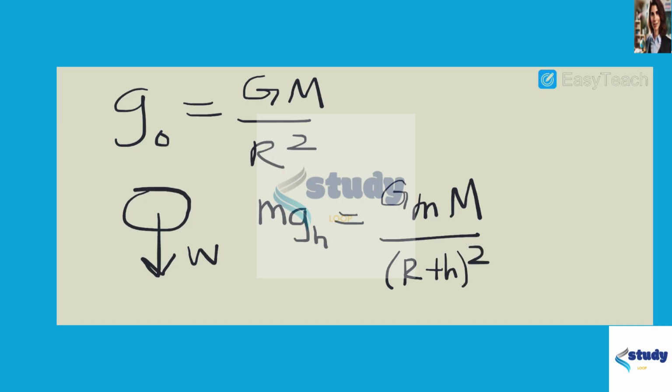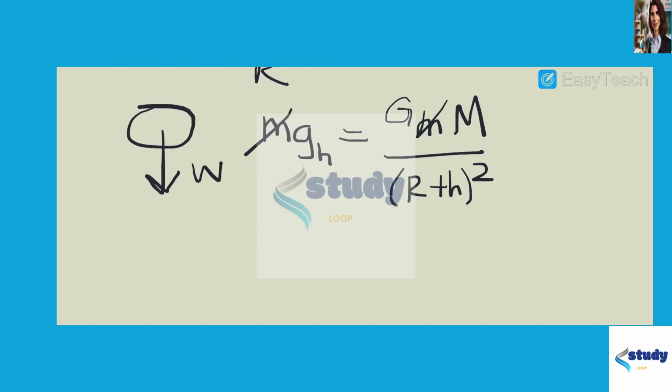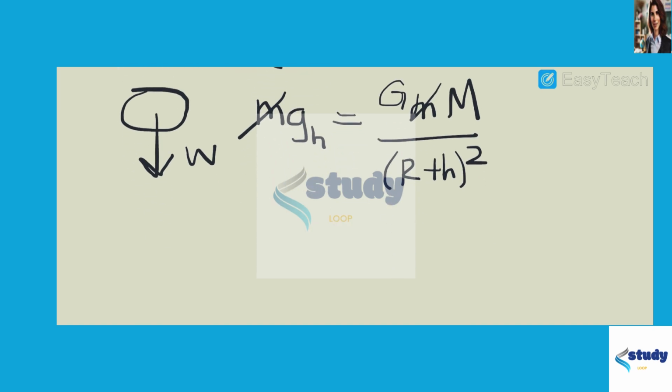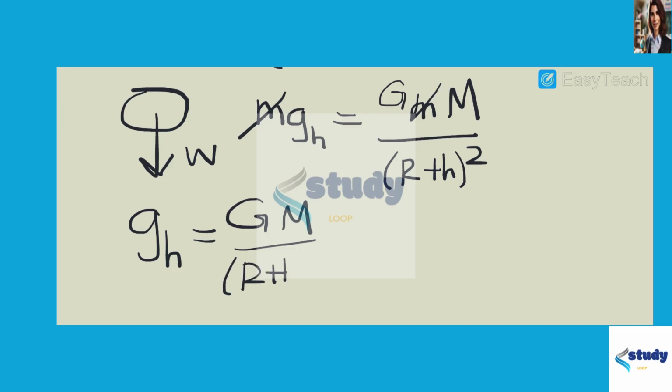So now you can see there's a little difference between this gravity and the gravity at the surface of the Earth. So we're going to cancel these masses out since they're on both sides. So here we see that gh is equal to the same universal gravitation constant, mass of the Earth, but there's this different term on the bottom where the radius is different.